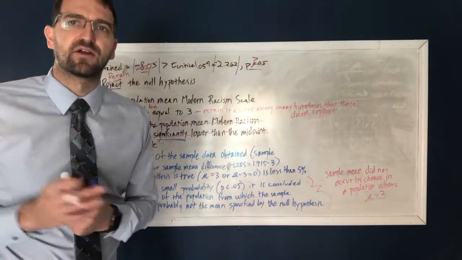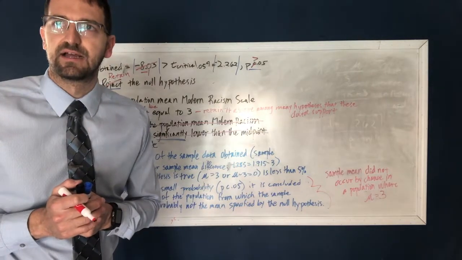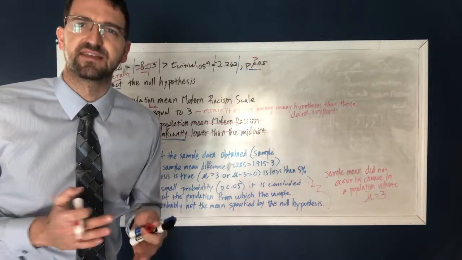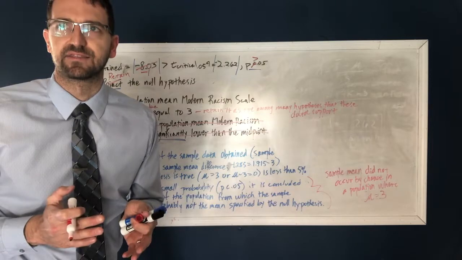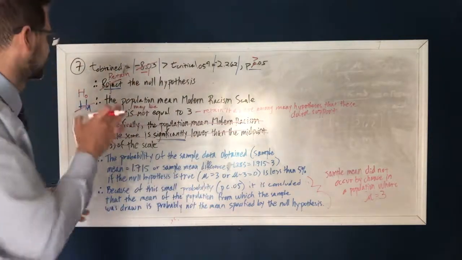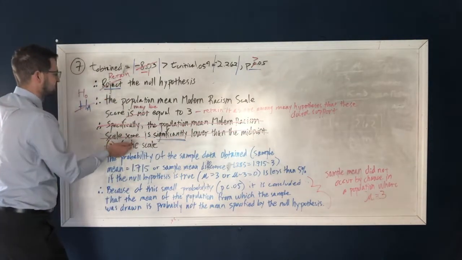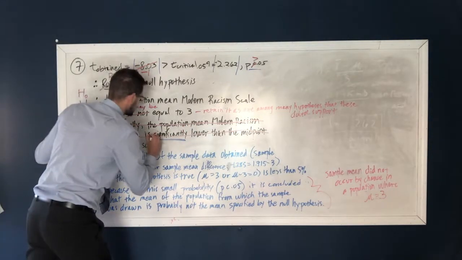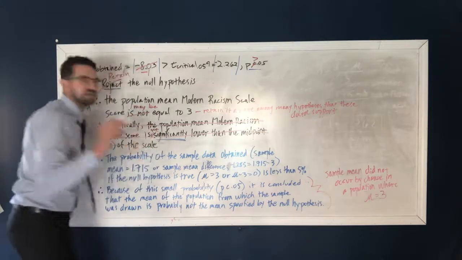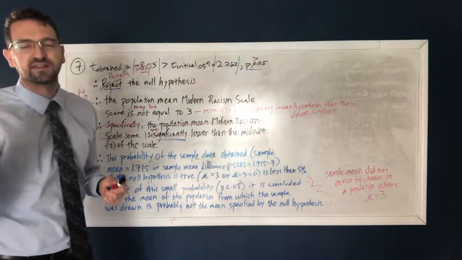So our hypothesis was that the population mean would be significantly less than 3, right? So if you had a population like that, then you could do this. Specifically, the population mean modern racism scale score, you could say is not significantly lower than the midpoint, right?